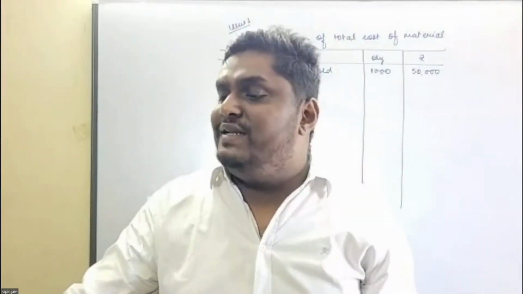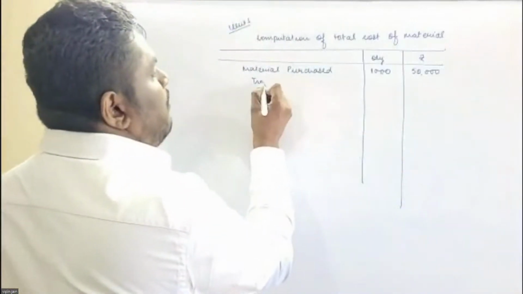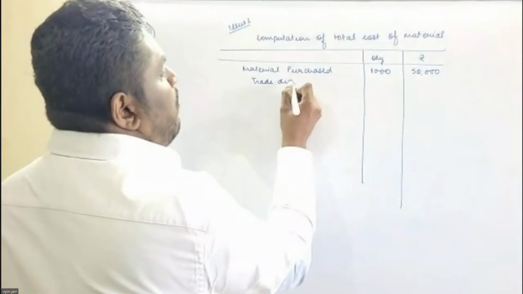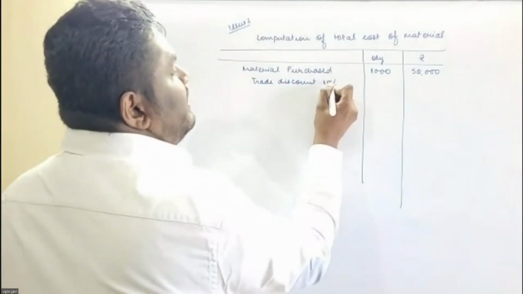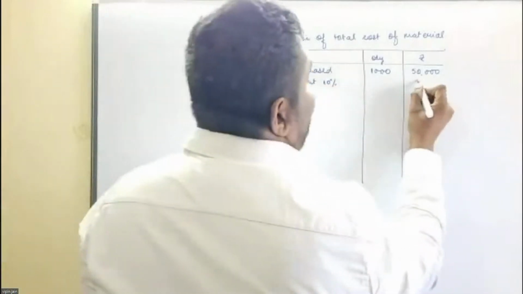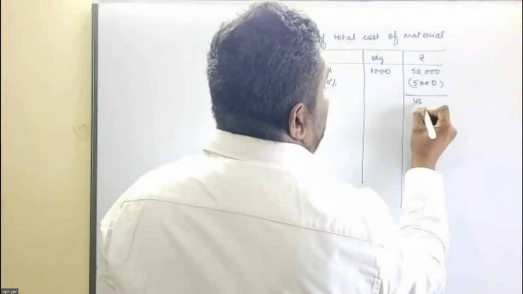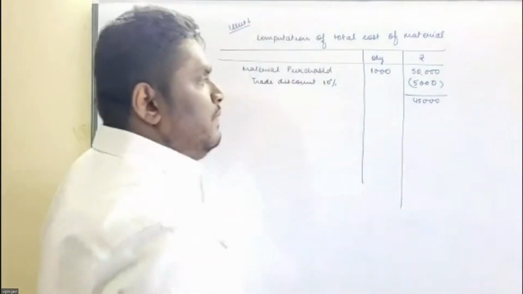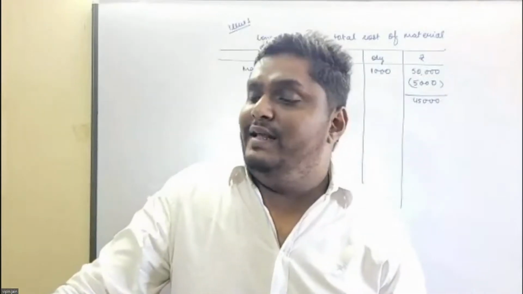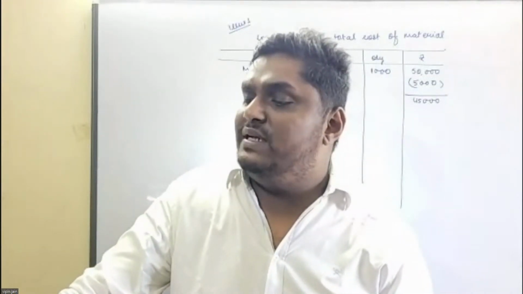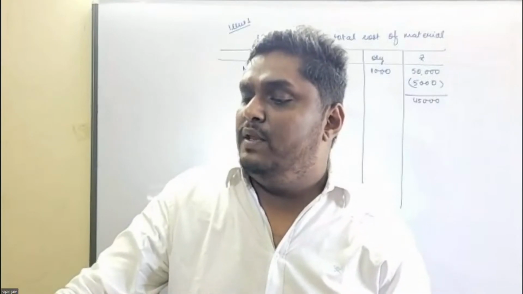So the first point is the trade discount, 10% on the list price. It will be deducted. So 5,000 will be deducted and the net amount will be how much? 45,000. Now the GST will be levied after deducting the trade discount, that is 12%, 6% CGST and 6% SGST.